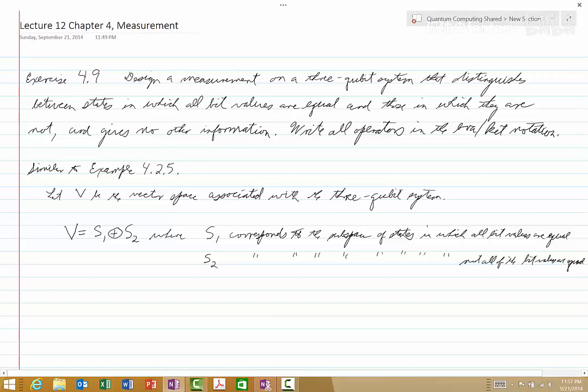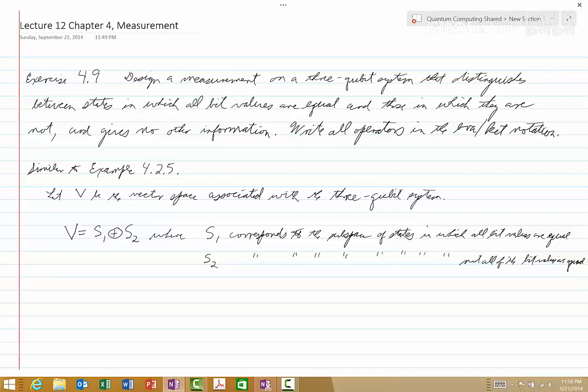Now, before I proceed, I want to make sure that it is clear that in problems like this, we won't always be writing V simply as the direct sum of just two subspaces. An example is exercise 4.12, where we consider writing V as a direct sum of four subspaces. I'll also say that exercise 4.11 is another one.